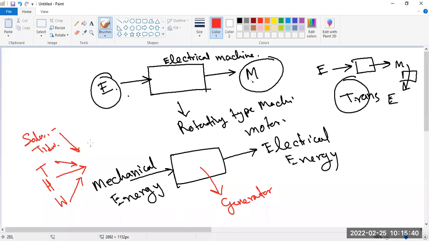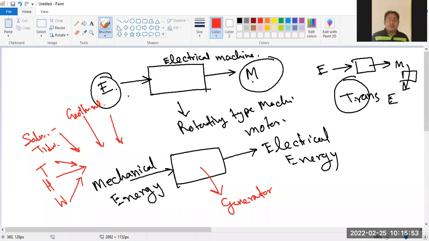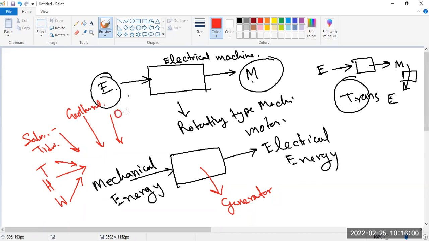But non-conventional, which does not usually occur in our practice, is geothermal, or ocean tide, etc. This type of energy is also applied to convert into electrical energy.